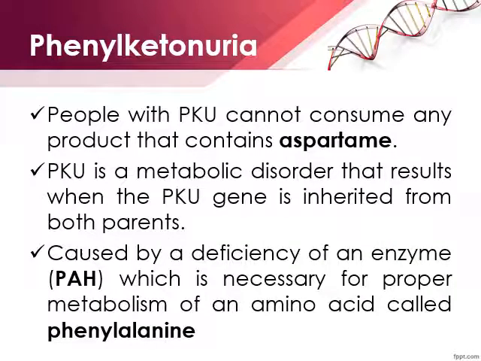We also have phenylketonuria. PKU patients cannot consume any product that contains aspartame. It is a metabolic disorder that results when the PKU gene is inherited from both parents. So there is a deficiency of the enzyme phenylalanine hydroxylase that is necessary for the metabolism of the amino acid.